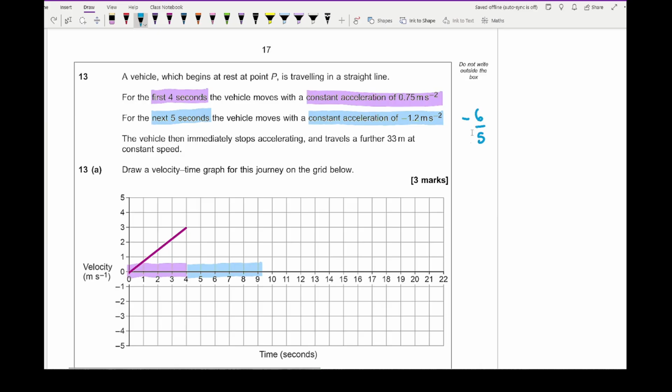So we can draw another straight line from our last point. It needs to be going to 9 seconds, and it's going to decrease by 6.